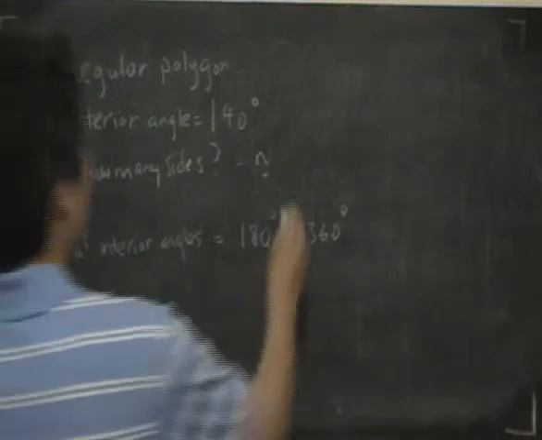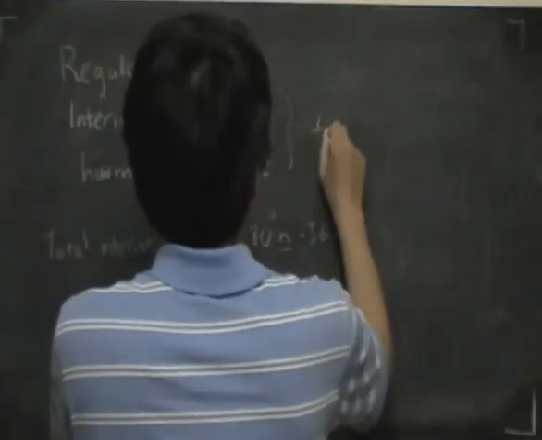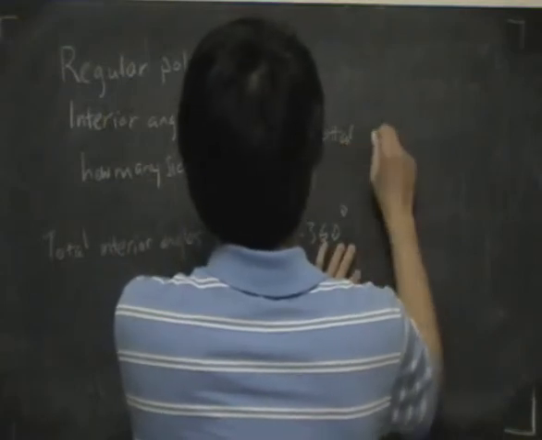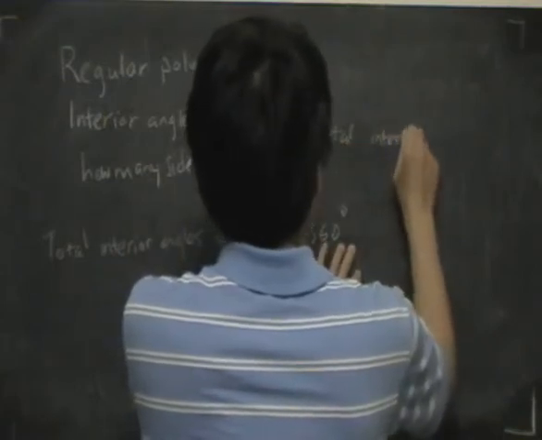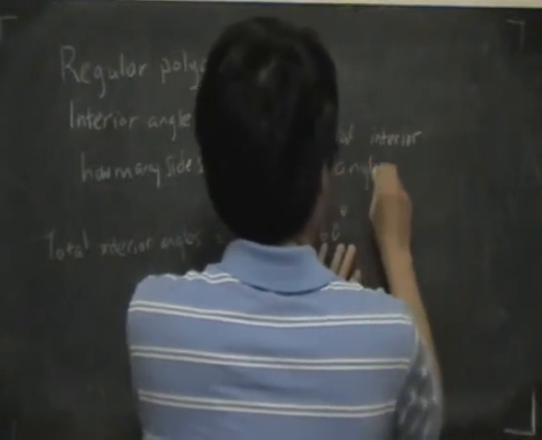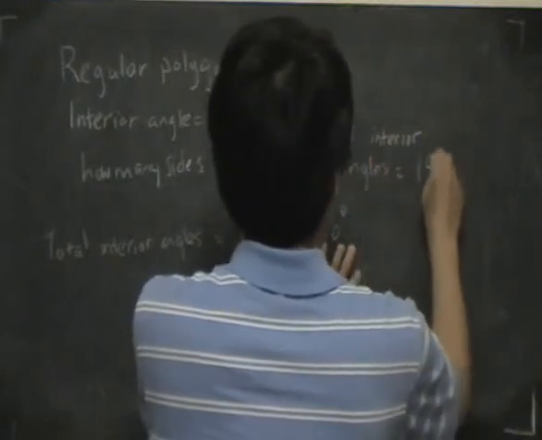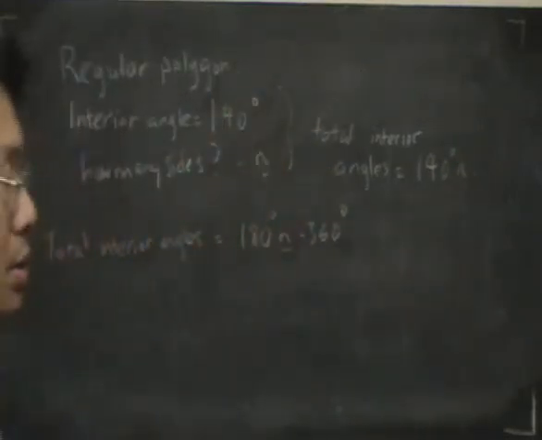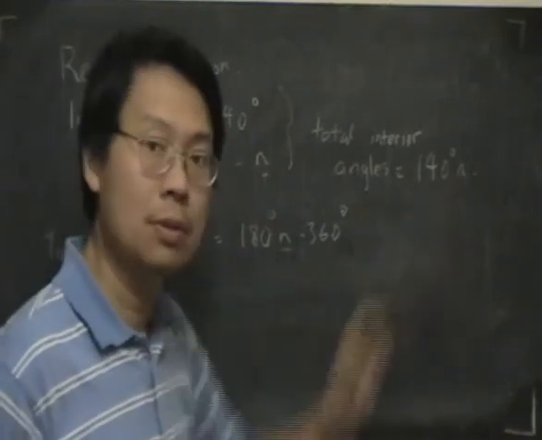So according to this information, the total interior angles is 140 degrees multiplied by the number of angles.